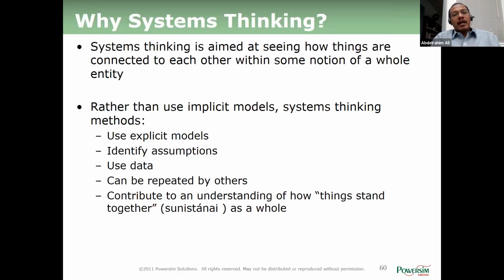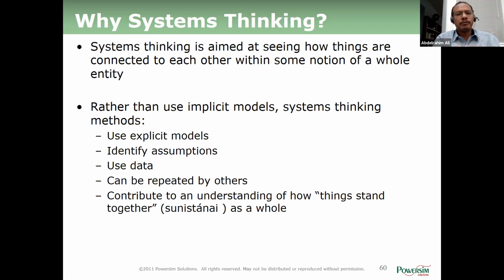So in general, as a summary of systems thinking, why I think systems thinking is important, is that it aims at seeing how things are connected to each other within some notion of a whole entity. You think about the whole, rather than using implicit models. Systems thinking methods use explicit models, identify the assumptions from the stakeholders, different people.